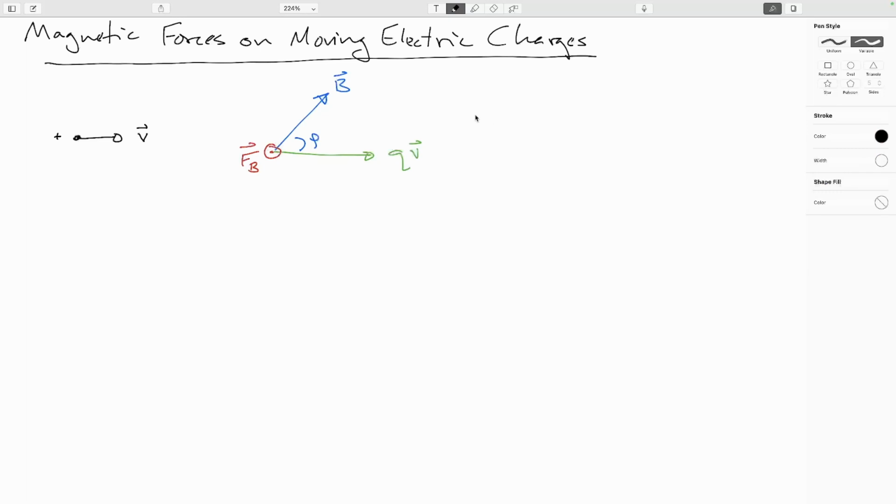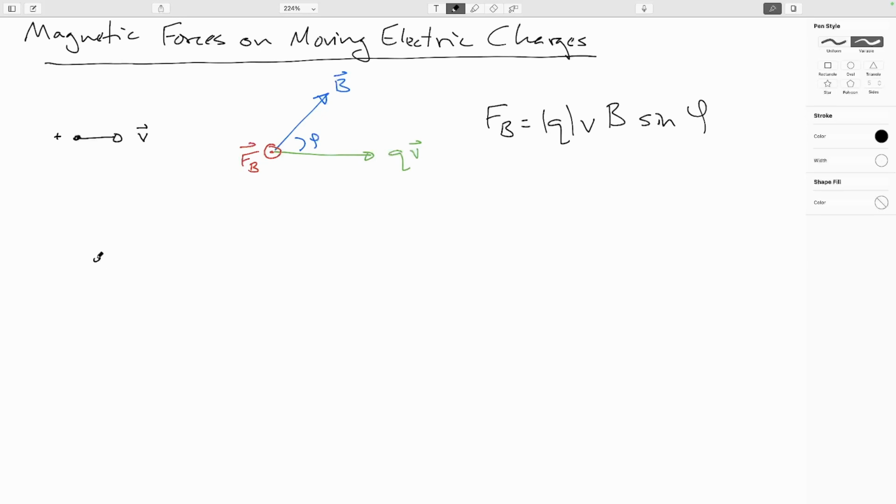And the magnitude of the magnetic force will be the magnitude of the charge, times V, times B, times the sine of the angle between V and B, or QV and B, it doesn't matter, it turns out. We're taking care of the directions with a vector rule that I'll show you in a moment.